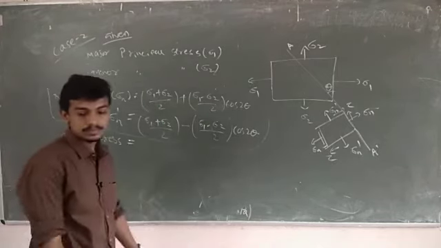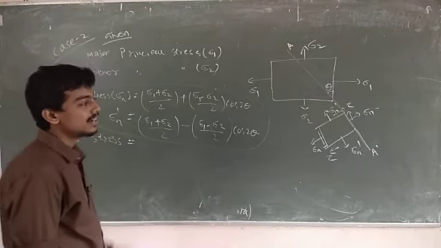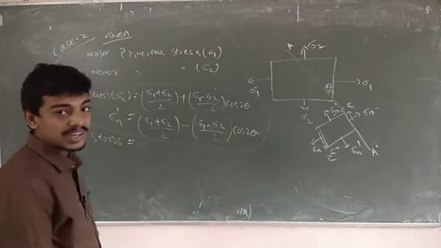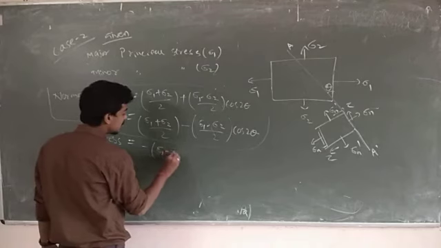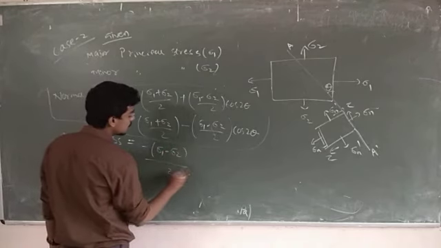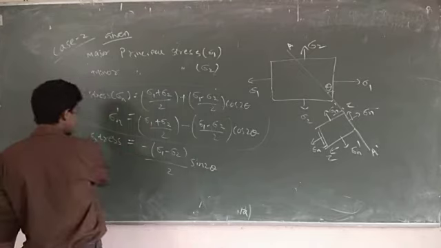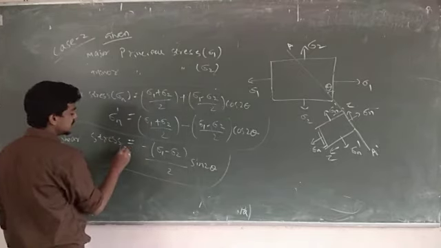Using these you can find the normal stress. And the shear stress is tau = ((sigma 1 - sigma 2)/2) sin 2 theta.